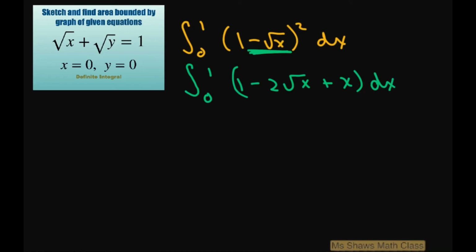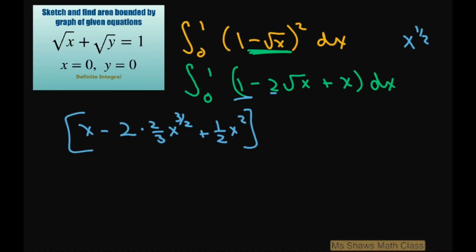All right, let's integrate this. That's going to be x minus 2, and this is x to the power of 1/2, so that's going to be times 2/3 x to the power of 3/2, plus 1/2 x squared. And we're evaluating this from 0 to 1.